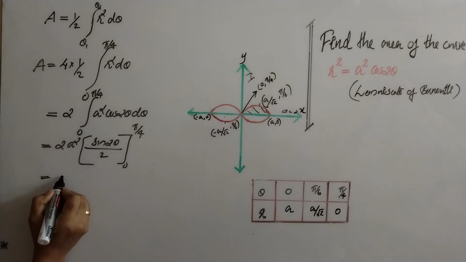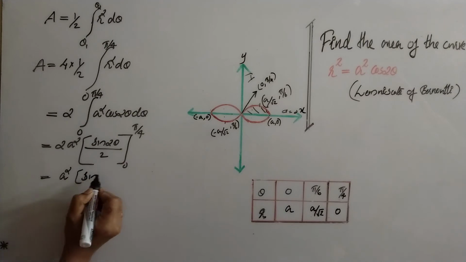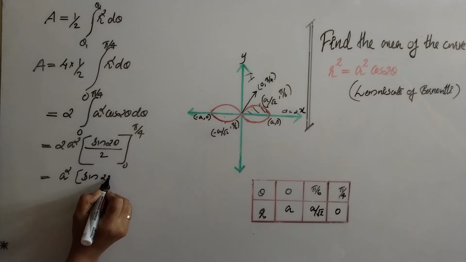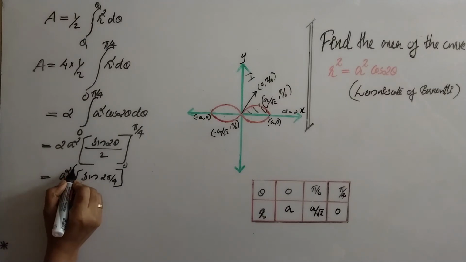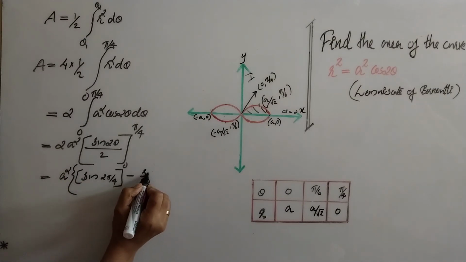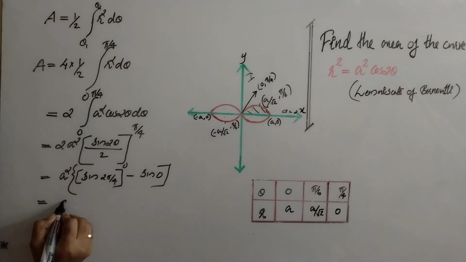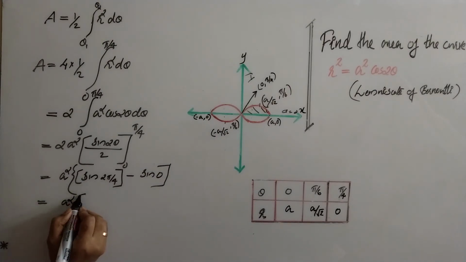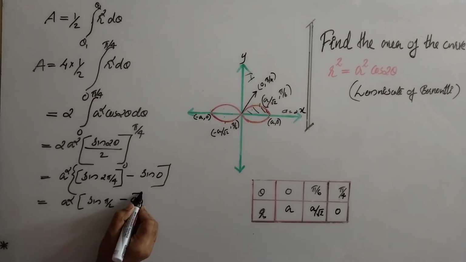So, 2 by 2 will cancel, a square into sin 2 into pi by 4 minus sin 0. If we apply the lower limit, this becomes 0. This is a square into sin 2 pi by 4, which is sin pi by 2, minus sin 0, which is 0.